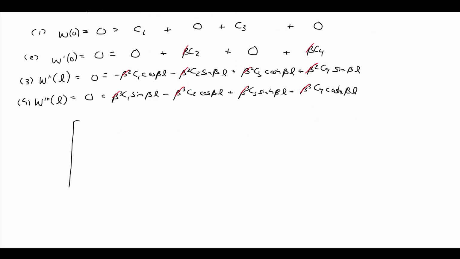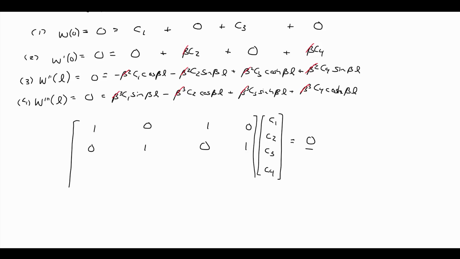So I need to make this A matrix. Looking at my first equation, I'm going to have a 1, a 0, a 1, and a 0. I'm going to be multiplying this by C1, 2, 3, 4, so I'm pulling out those constant terms, and then the right-hand side is going to be my 0 vector. My second row is my second equation: 0, and then I have 1, 0, and 1.